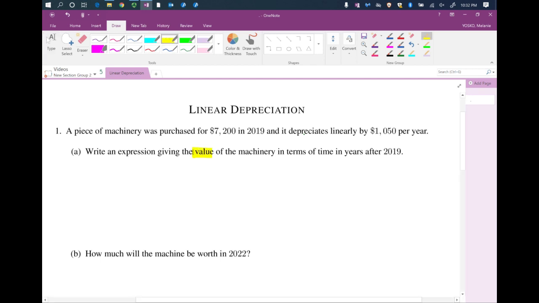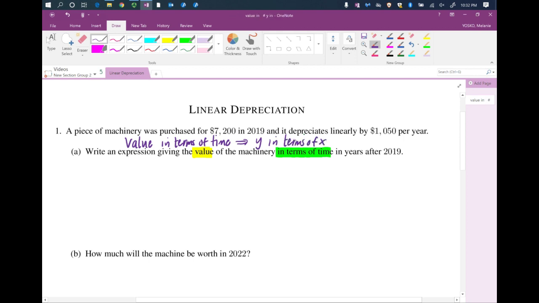We want value in terms of time. And again, I'm repeating this over and over, just trying to break it down in my head. So value in terms of time, but maybe you've heard something similar. You might have heard maybe like y in terms of x.